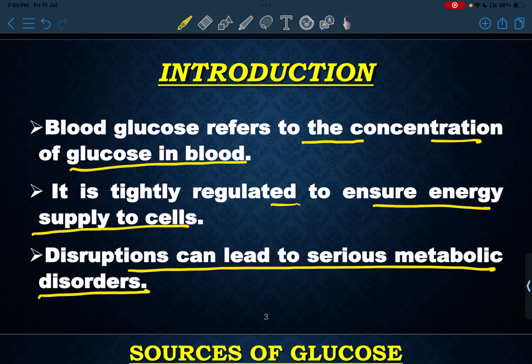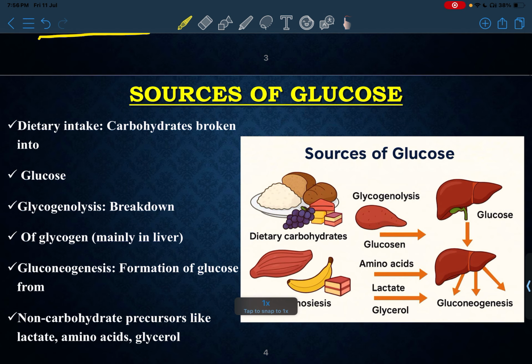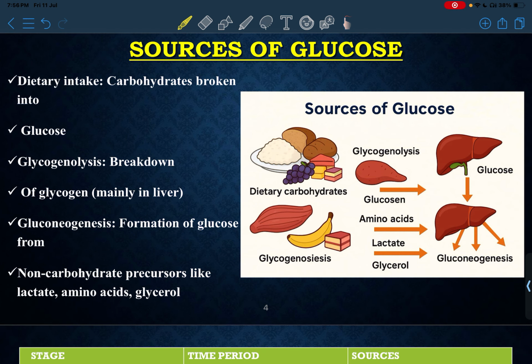If the supply of blood glucose is decreased or increased, there may be malfunction of the metabolic pathways leading to metabolic disorders. So we need to regulate blood glucose at a normal level, not hyper, not hypo, at a normal range. At first we are going to see the sources of blood glucose.